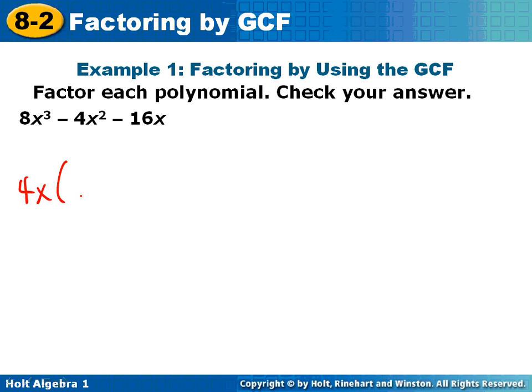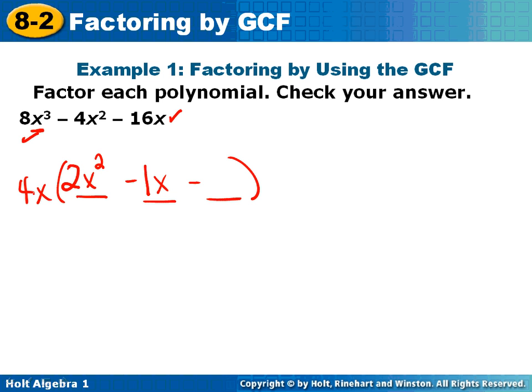Now I've got to fill in these blanks so that when I distribute it, I get this answer up here. So 4 times 2 is 8. I have an x. I need x squared to make x to the third. So 4x times 2x squared is 8x to the third. 4 times 1 gives me 4, and x times x gives me x squared.